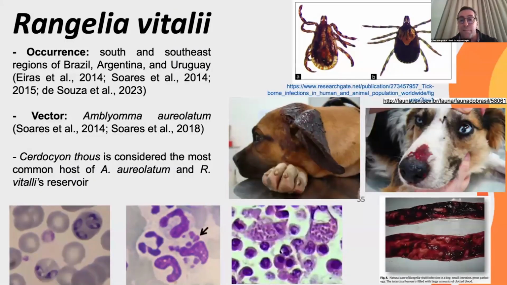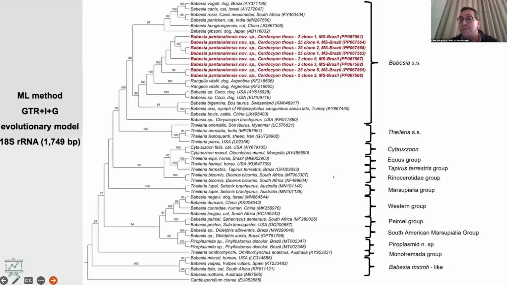The vector is Amblyomma aureolatum, which occurs in southeastern and south Brazil. And Cerdocyon, the crab-eating fox, is considered the most common host for both Rangelia vitalii and the ticks of the species Amblyomma aureolatum. So what we have found is in crab-eating fox from the Brazilian Pantanal.